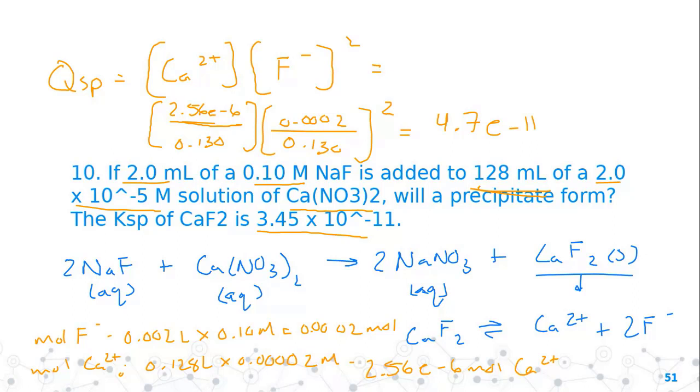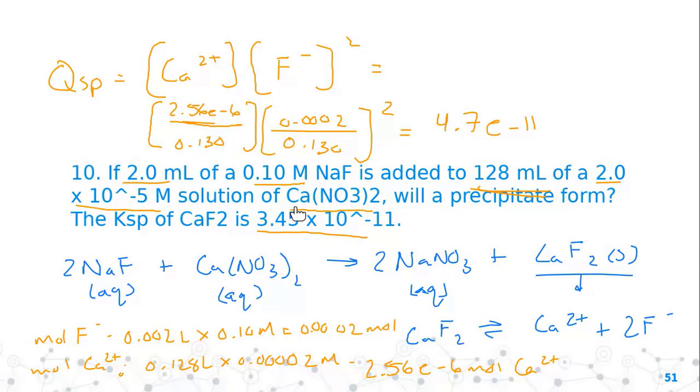So what does that mean? A precipitate will form. Yes. Awesome. Basically, once you have your QSP, we want to compare it with our KSP value. We see they both have times 10 to the negative 11.